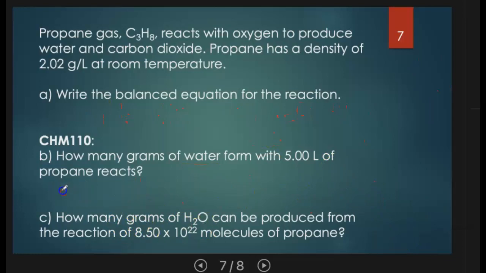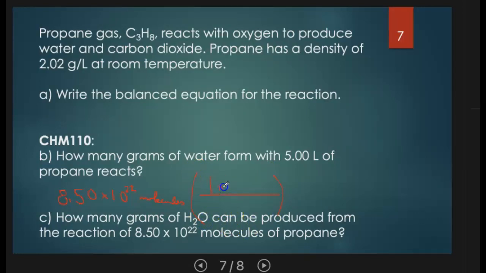So we have 8.50 times 10 to the 22 molecules of propane. Just like we saw way back on those first problems, we're going to convert to moles still, right?